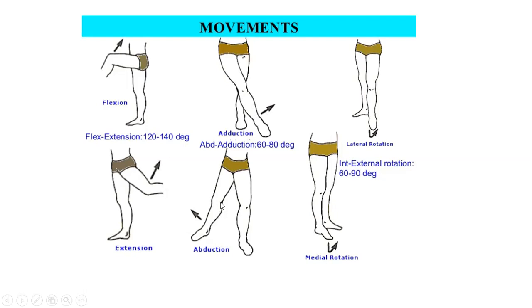Whereas in case of abduction, which is produced by gluteus medius and minimus, receiving assistance from tensor fascia lata and sartorius, this abduction is basically limited by the adductors. So we can say that abduction is limited by the tension in the adductor muscles and the pubofemoral ligament as well.